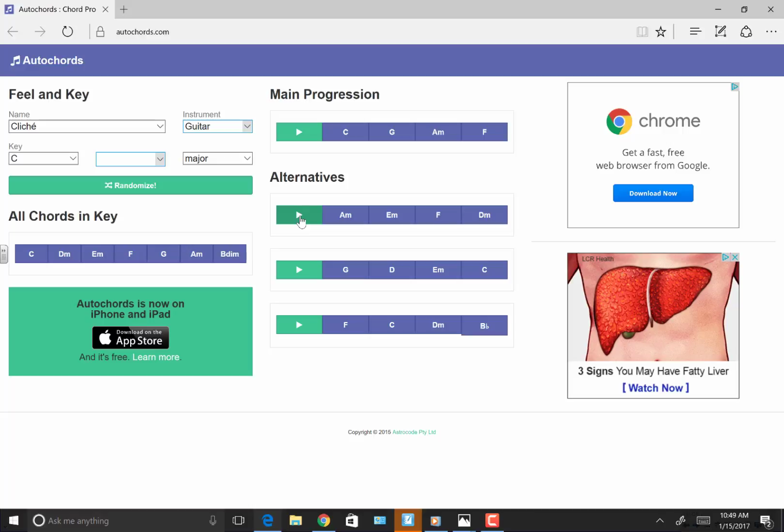That's 6, 3, 4, 2. That's 5, 2, 3, 1. That's 4, 1, 2, and then interesting, flat 7.